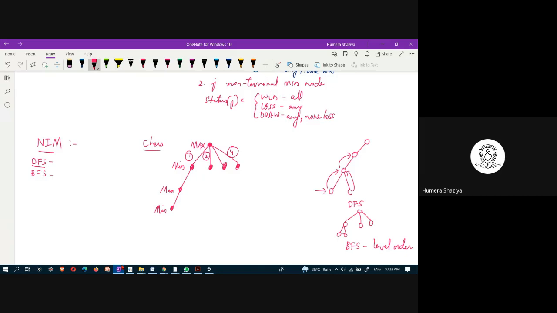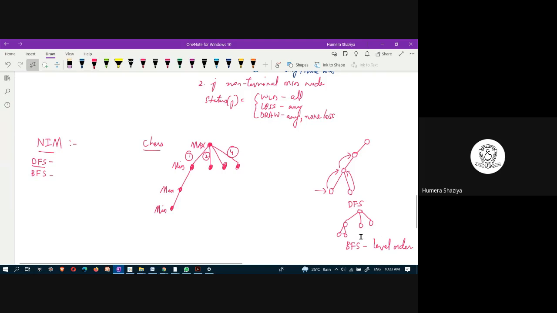For that purpose, consider Max to be the computer, Min to be the human. And what is Max's goal? Maximize his reward and minimize the opponent's reward. That is the goal of Max. And what is the goal of Min? Min's goal is to minimize Max's reward. With these motives, they play.